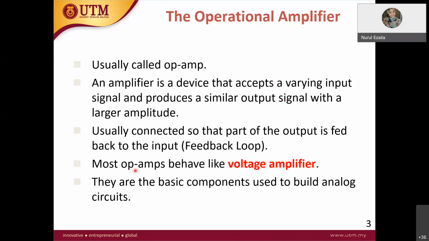Most of them behave like a voltage amplifier, same as what you have done in the BJT and MOSFET. That is an amplifier as well, so the op-amp is also used as a voltage amplifier. They are the basic component used to build up analog circuits.